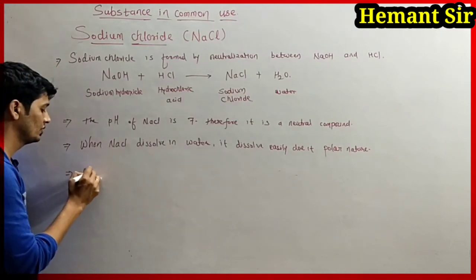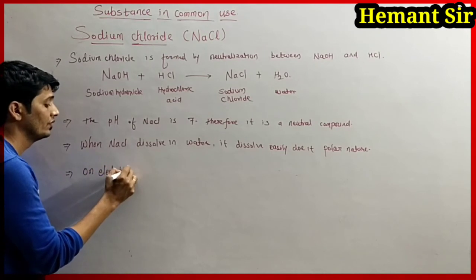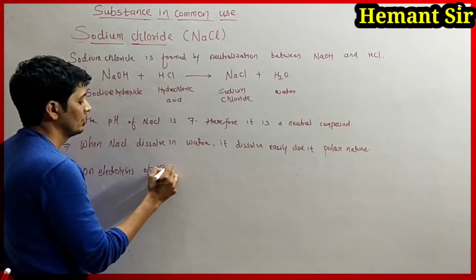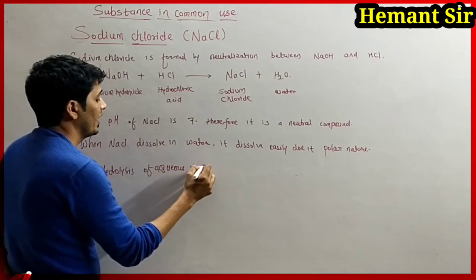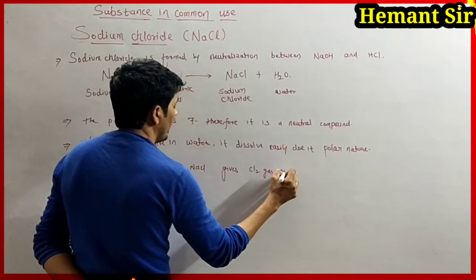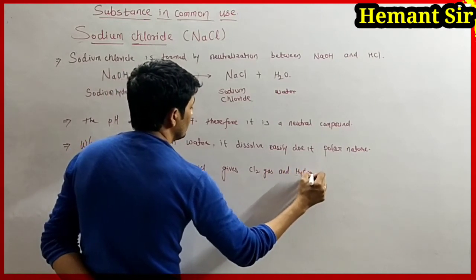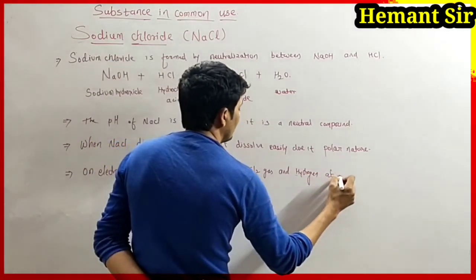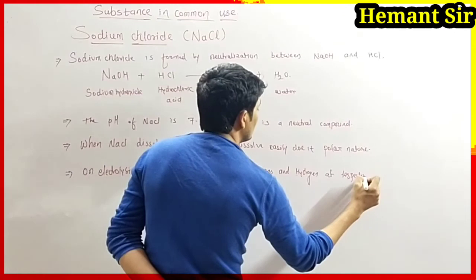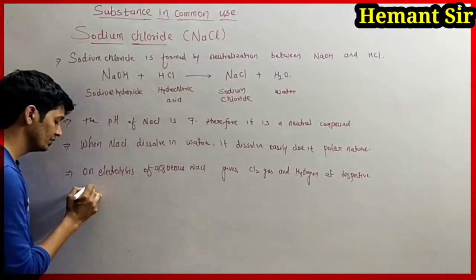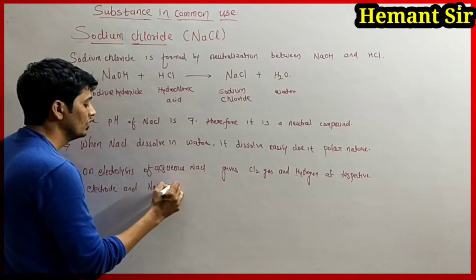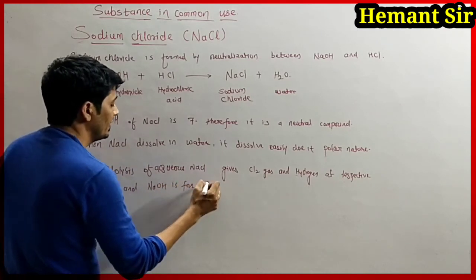On electrolysis of aqueous NaCl, aqueous NaCl gives chlorine gas and hydrogen gas at the respective electrodes, and sodium hydroxide is also formed.